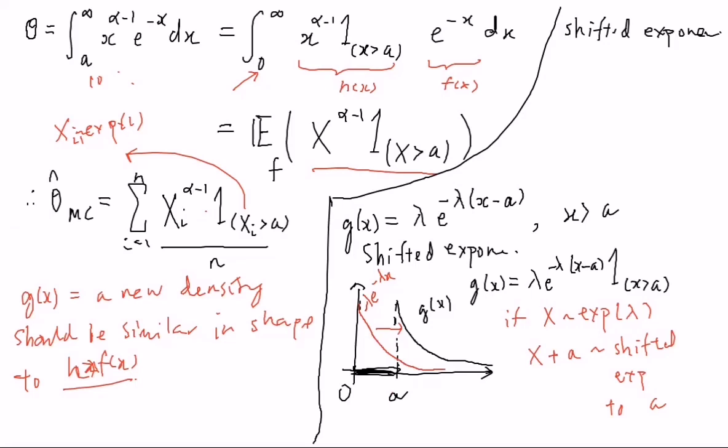So we're going to use the shifted exponential as our g(x) here. Let me clear some space.